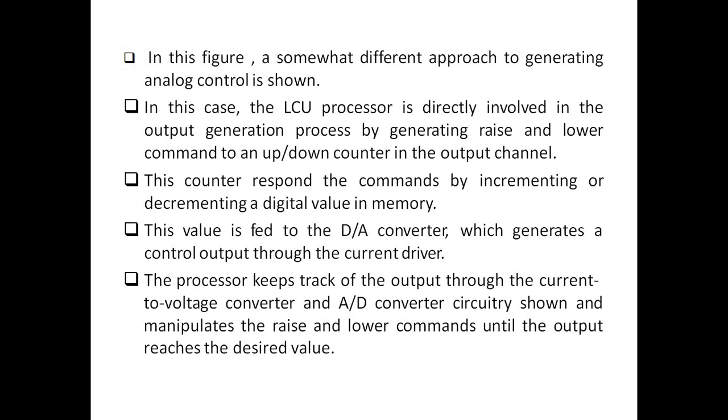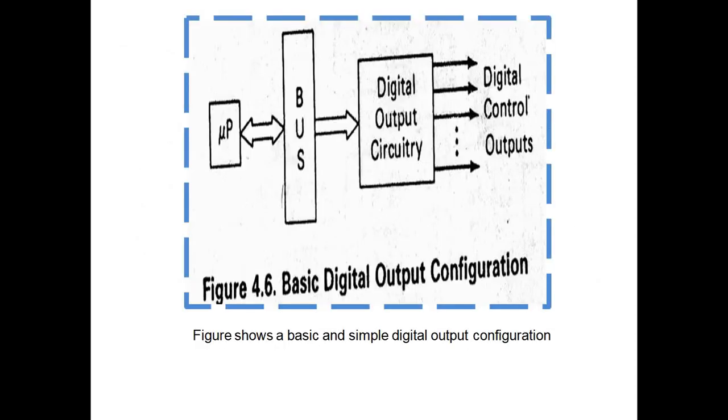This value is fed to the digital to analog converter, which generates a control output through the current driver. The processor keeps track of the output through the current to voltage converter and the analog to digital converter circuitry shown, and manipulates the rise and lower commands until the output reaches the desired value.